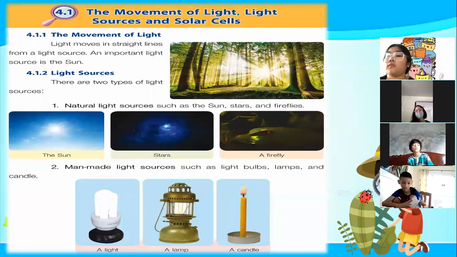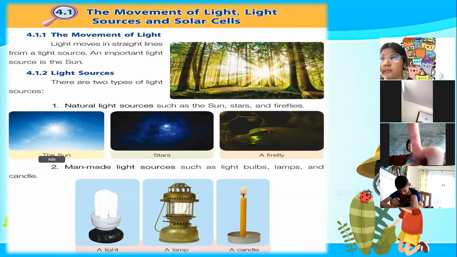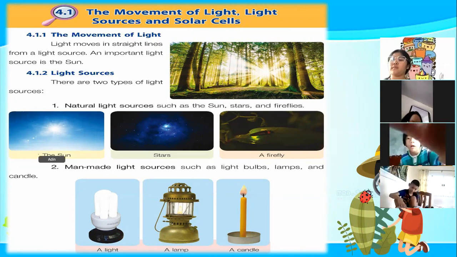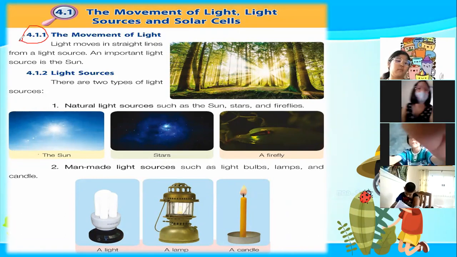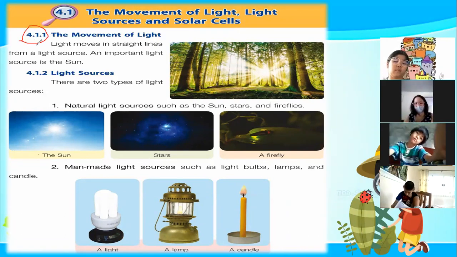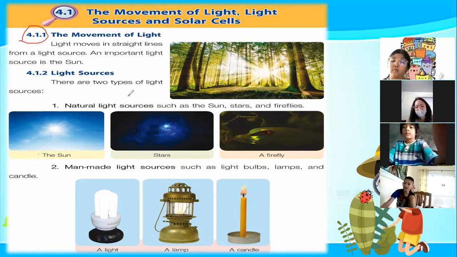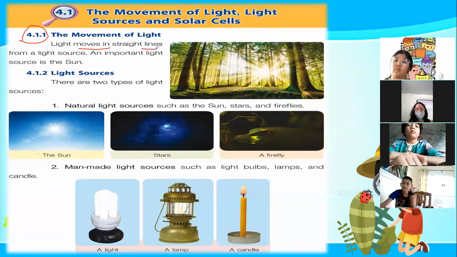All right, students. Now let's learn a bit about the movement of light, light sources and solar cell. First of all, we are going to learn about the movement of light. So how does light move? Light moves in a straight line from a light source.